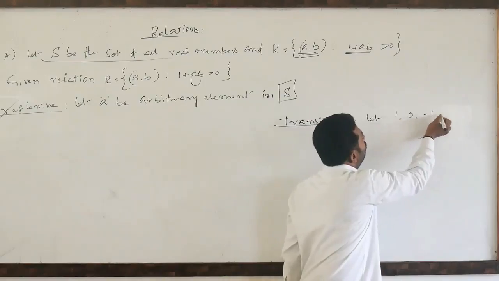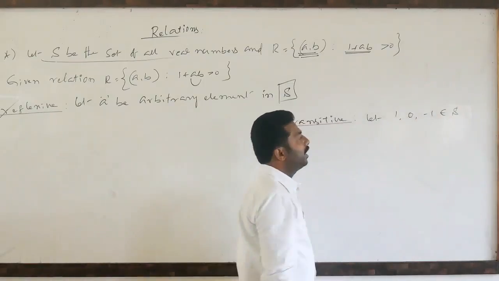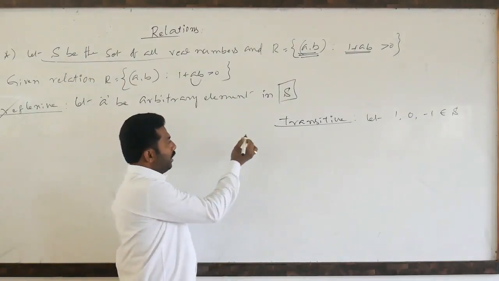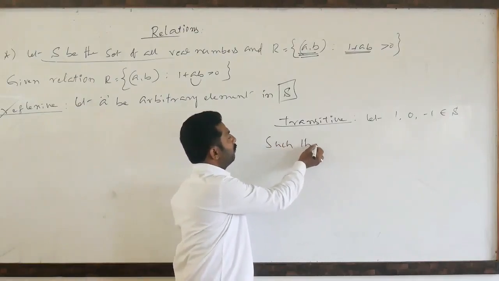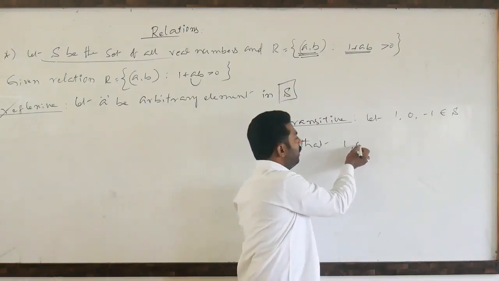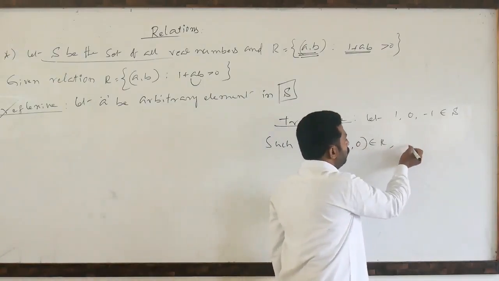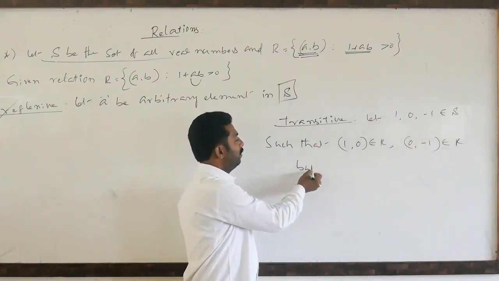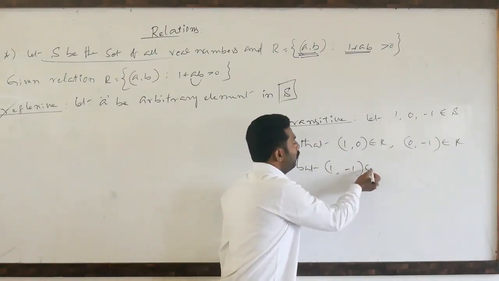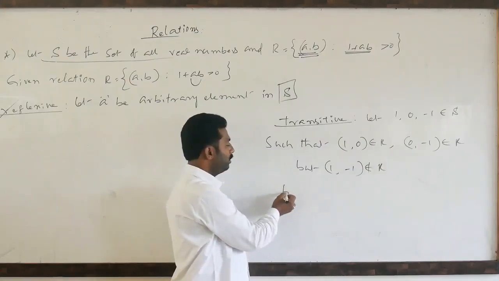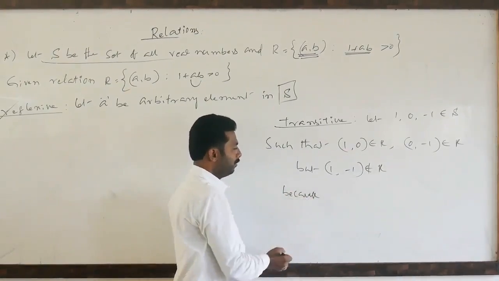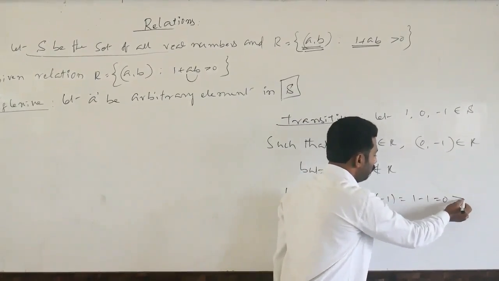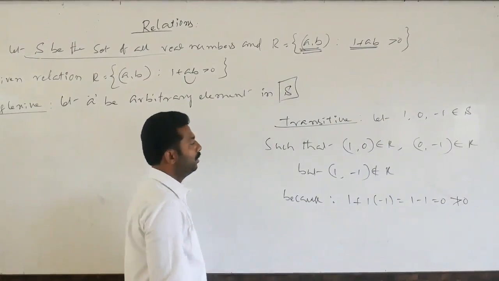1 comma 0 comma minus 1, three real numbers are taken from the non-empty set S of real numbers, such that there is a relation between 1 comma 0 and 0 comma minus 1 belongs to capital R, but there is no relation between 1 comma minus 1 because 1 plus 1 into minus 1 is 1 minus 1, which is 0, which is not greater than 0.